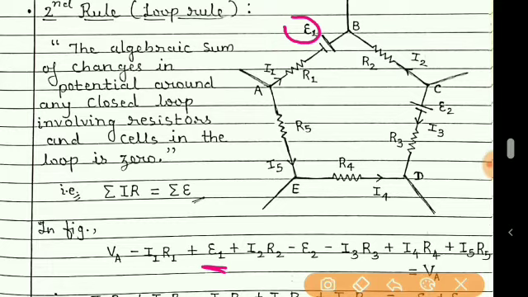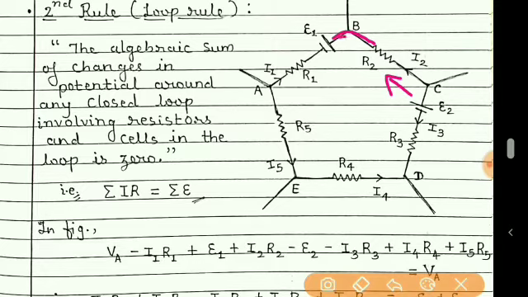Then again moving along this path, no need to write potential VB here. Simply now we will consider the resistors and the cells only. So again, if we move from here to this side, you can see current is moving towards us.